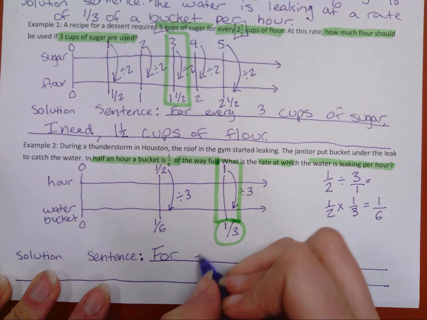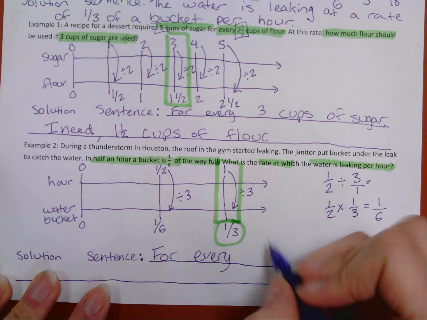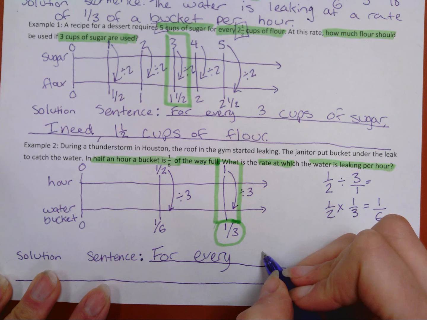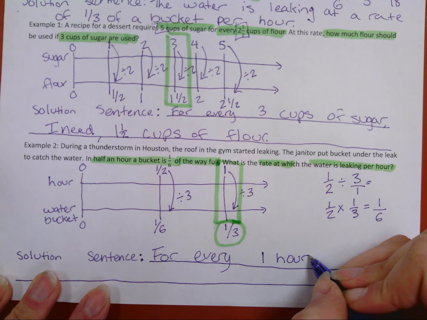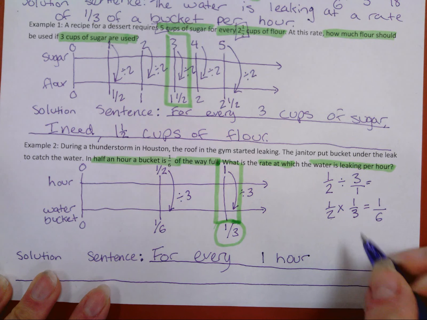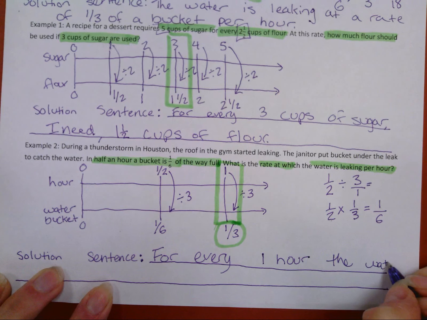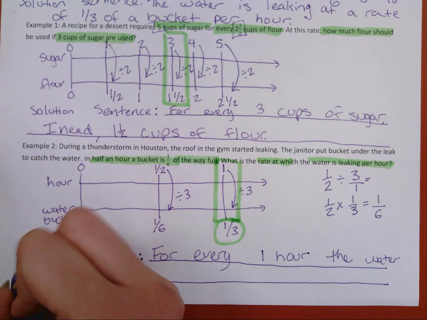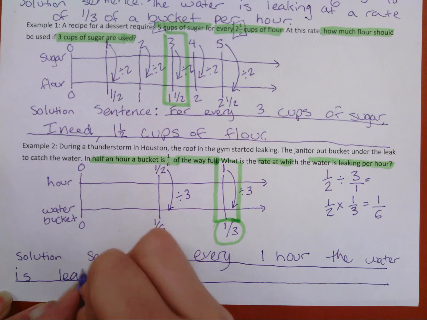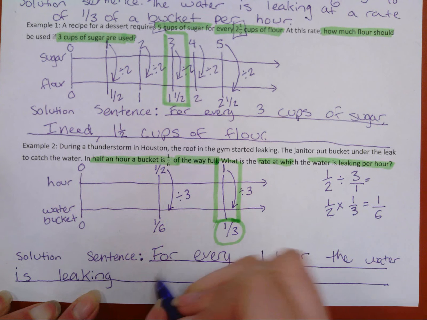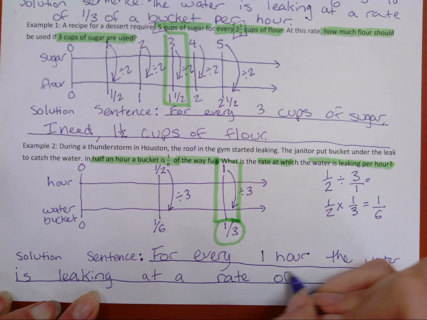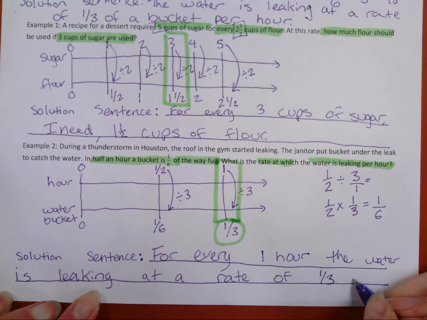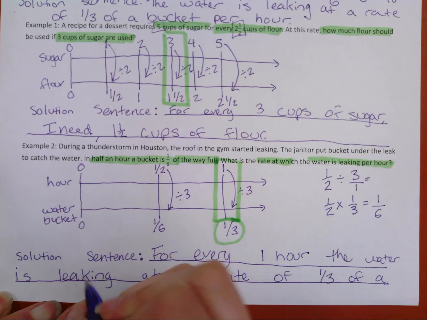So for every one hour, the water is leaking at a rate of 1/3 of a bucket.